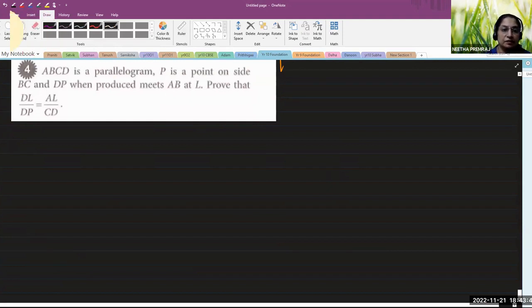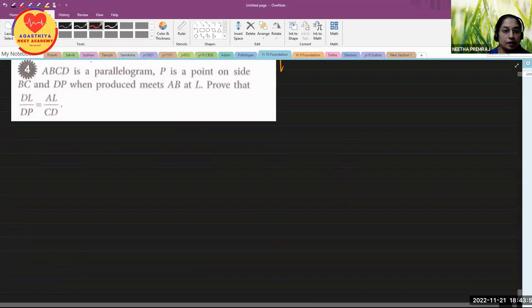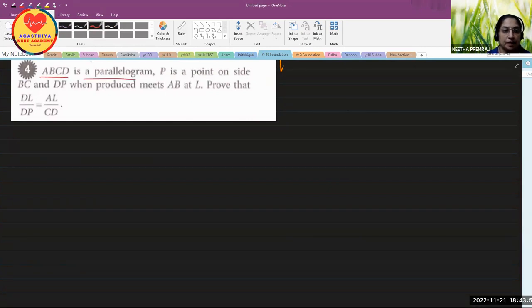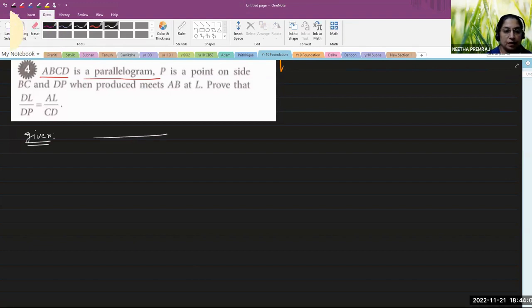Okay, now what is given? ABCD is a parallelogram. Then draw a parallelogram.